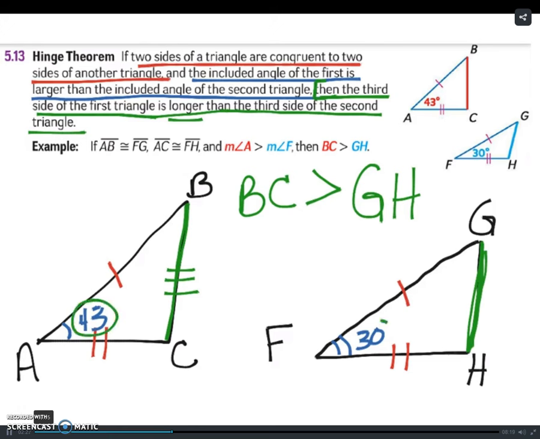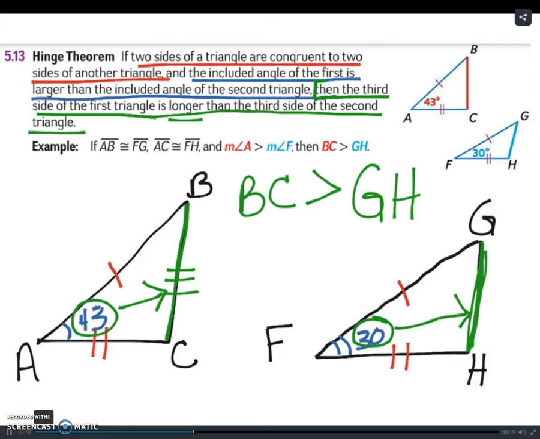So you have to have two sides on each that are congruent. Then you're looking at that angle, and whichever one has the bigger angle, the side across from that one is going to be the bigger side. So the 43-degree angle is bigger. The side opposite it is BC. It is bigger than the side opposite the 30-degree angle.